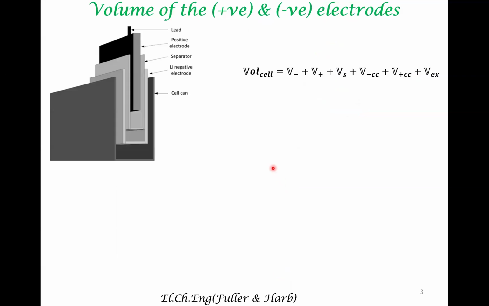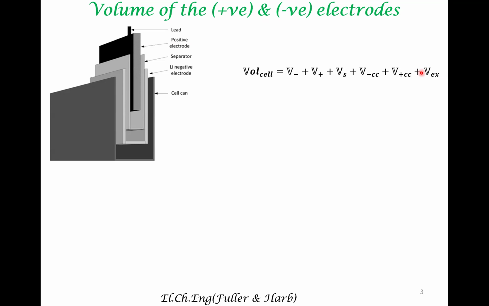Moving on, the volume of this particular cell is decomposed into different components. Here, V refers to volume and not voltage. The volume of the cell has contribution from the volume of the negative electrode, volume of the positive electrode, volume contribution from the separator, volume from the negative current collector, volume from the positive current collector.